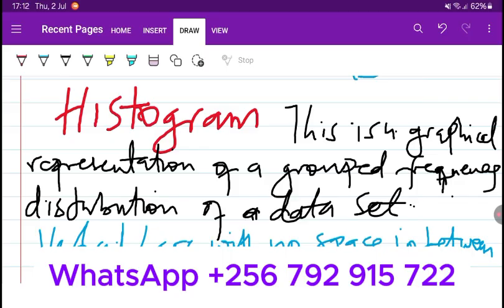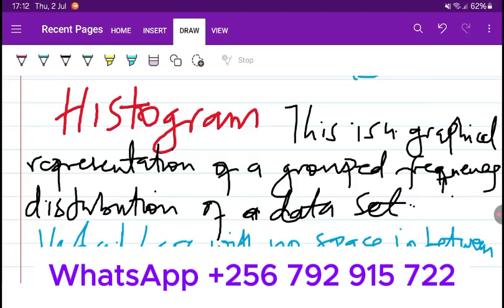So when we talk about the histogram, we are looking at the grouped frequency distribution of the data set.